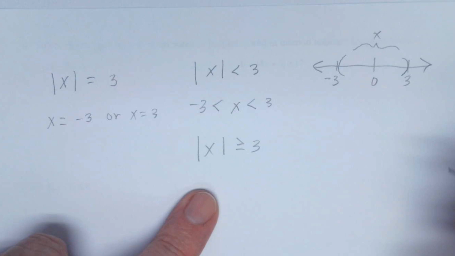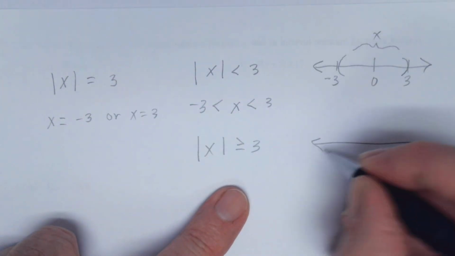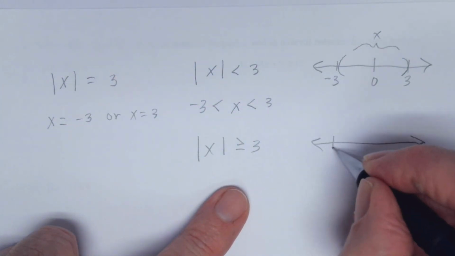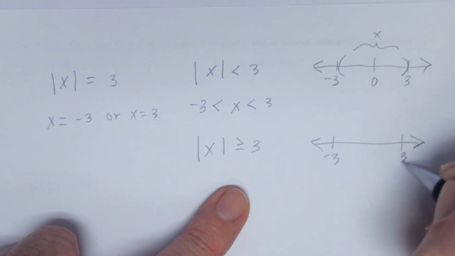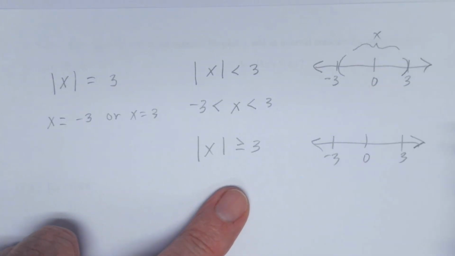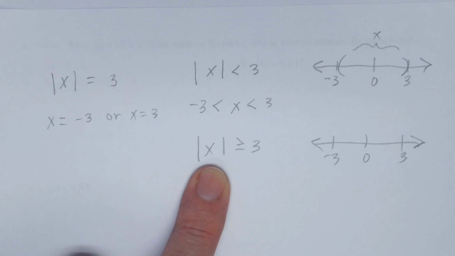All right, the last case is if we had the absolute value of x is greater or equal to 3. So the picture looks very similar to the one up above. So the distance from x to 0 is greater or equal to 3. So what numbers have a distance that's more than 3 from 0 or equal to 3?